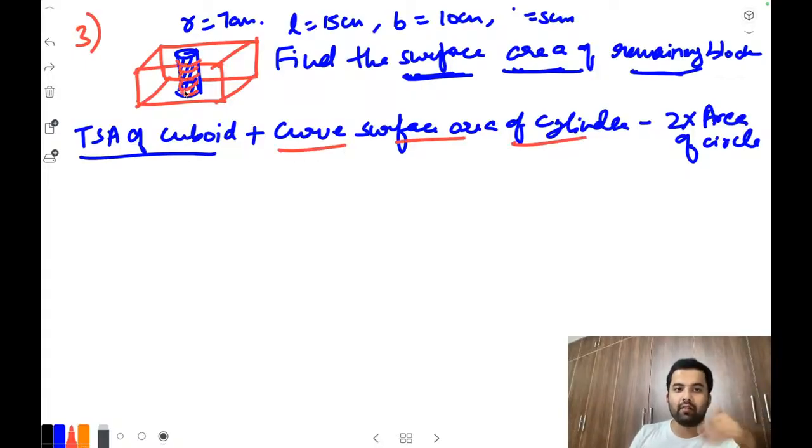The curved part is visible now. Then next thing what we did, subtraction 2 into area of circle, which means this up part and this bottom circle, is it deleted? Because it is a hollow space, from this one enter it and you can come out from this. Can you imagine that? So which means circle is deleted.